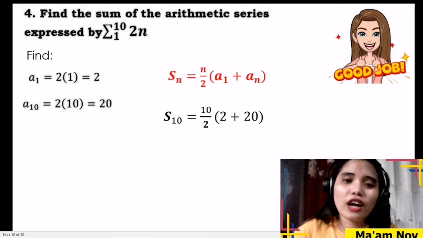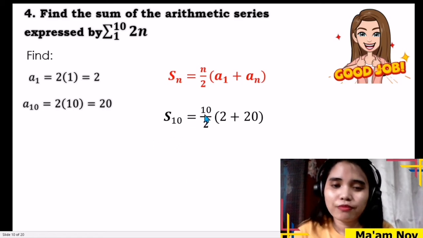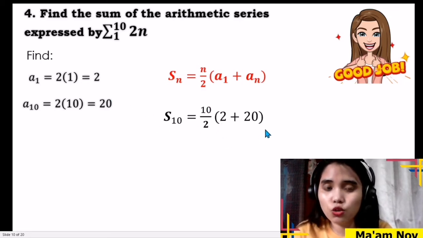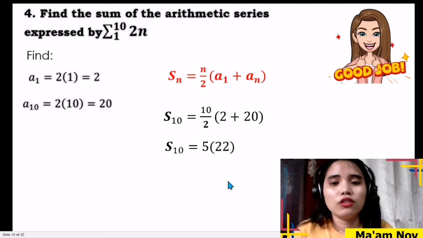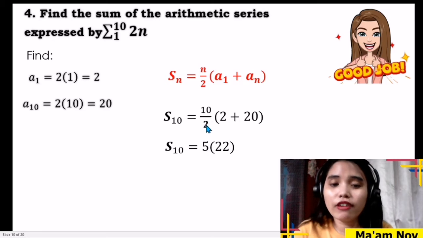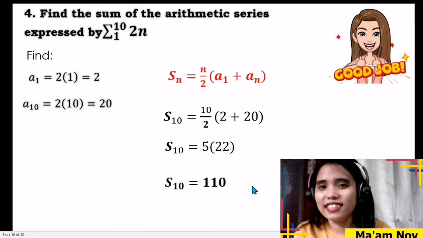The sum of the first 10 terms is 10 over 2 times 2, our first term, plus 20, our last term. So 2 plus 20 is 22, and 10 divided by 2 is 5. So 5 times 22 is 110.